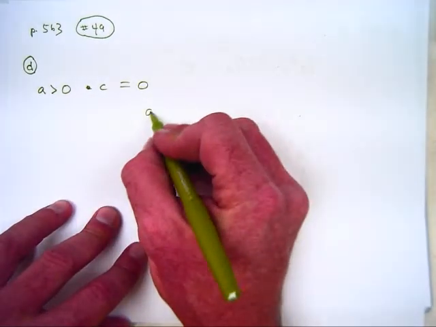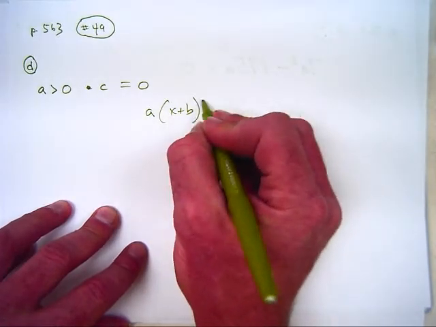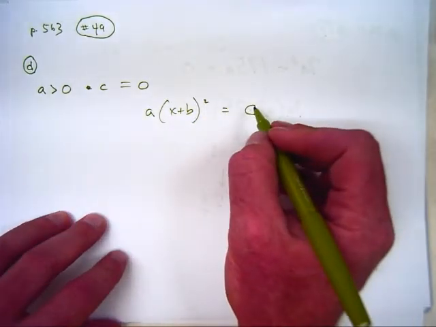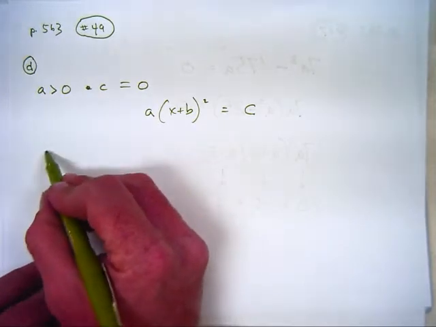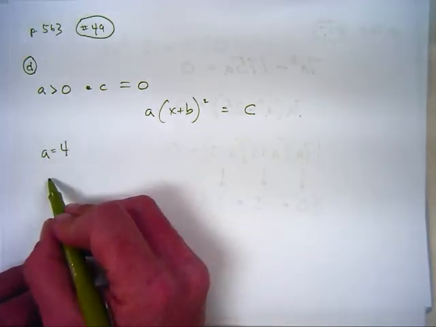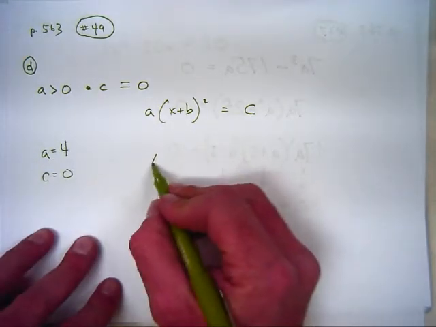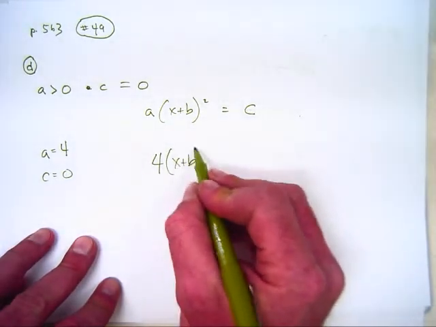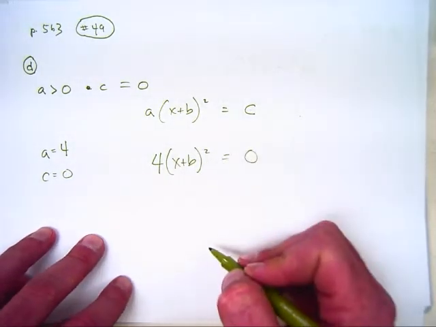So again, our original is A, x plus b, quantity squared equals C. I'm going to say A is greater than 0, so let's say A is 4, and C we know is 0. So I get 4, x plus b, quantity squared equals 0.